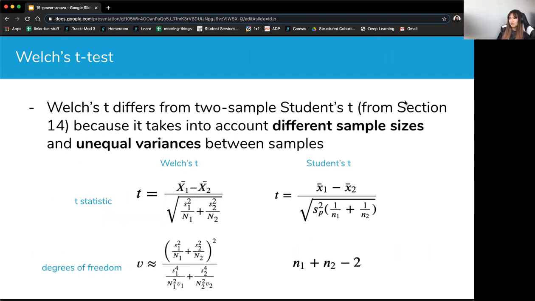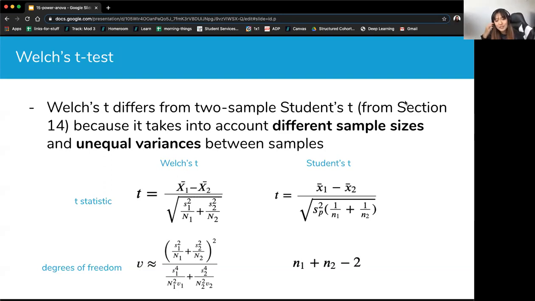All right, so the first test we're going to talk about today is the Welch's t-test. So the Welch's t-test differs from a 2-sample student's t-test. Last week we talked about 1 sample and 2 sample t-tests. Typically, if you just have a t-test and they don't say what t-test it is, the full name is a student's t-test. The guy who created it, his name was Student, I think. So last week we were doing student's t-test, and today we're going to talk about the Welch's t-test.